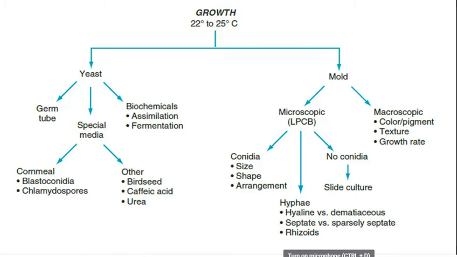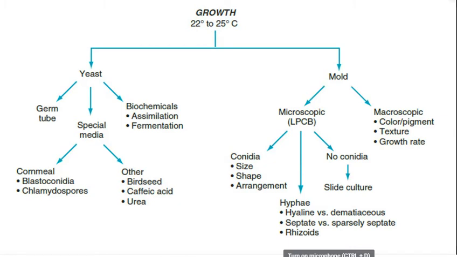So we specifically say thermally dimorphic when you're talking about growing at 22 to 25 and another one na mag-grow din siya at a higher temperature which is the 35 to 37 degrees centigrade. So pag yeast yan, anong titignan mo? Pag nag-grow, then you check already for germ tube formation, then you can also do your biochemicals.